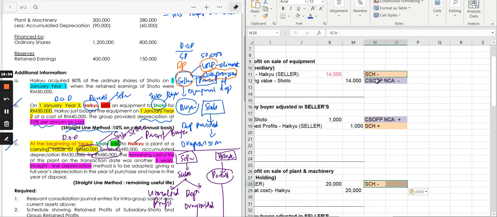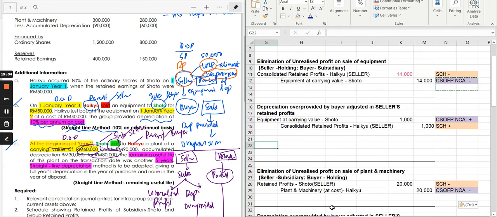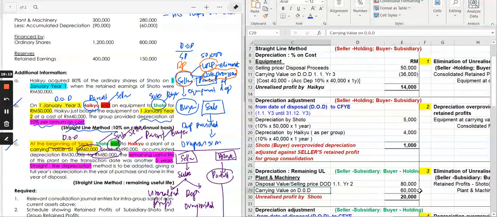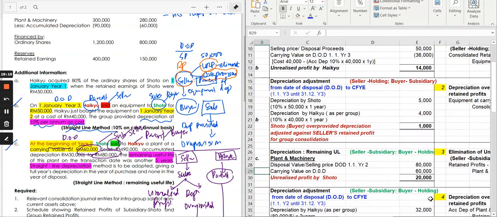The same thing as well, the non-current asset will also be affected. This is the plant and machinery of the buyer, and the retained profit of the seller. The amount of retained profit to be adjusted is the unrealized profit of 20,000.